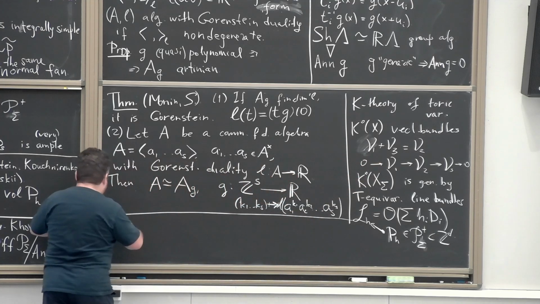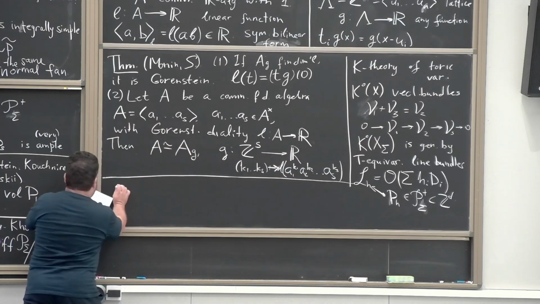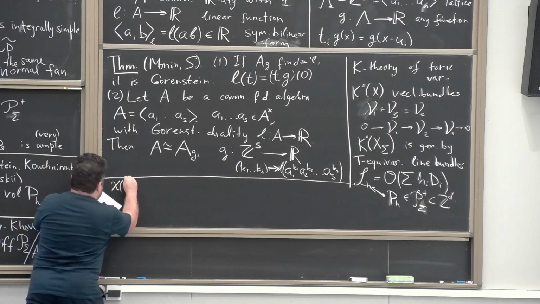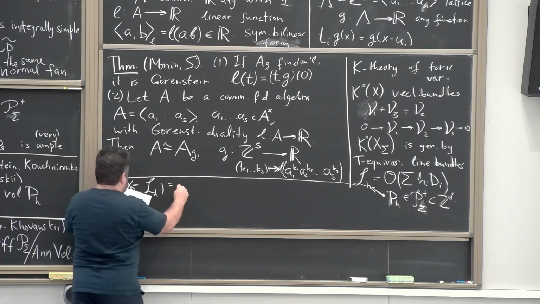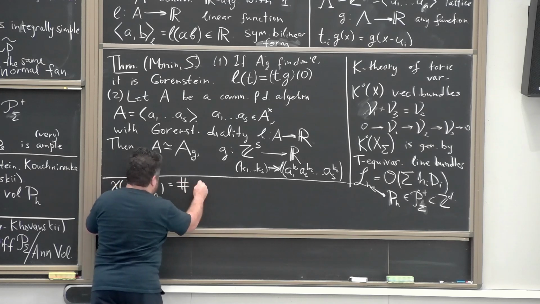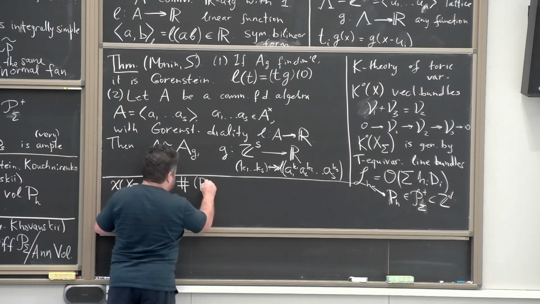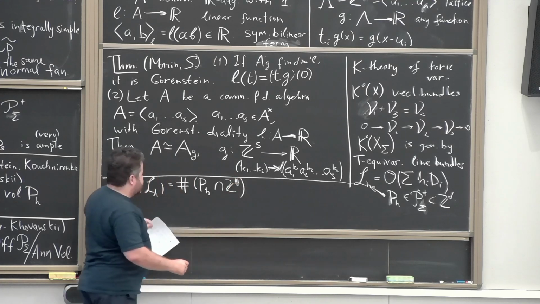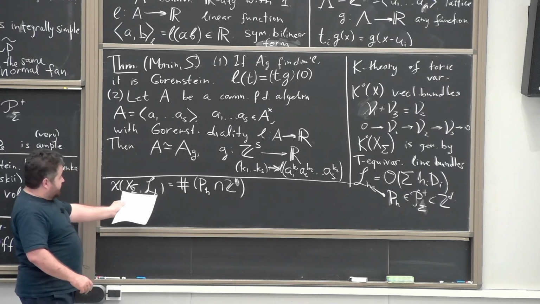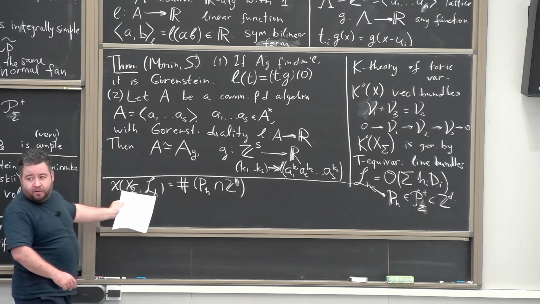A well-known theorem is that chi of X sigma, LH is the same as the number of points in PH intersected with Z to the power n. And this is something called the Ehrhart polynomial.